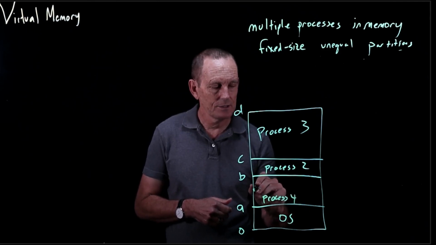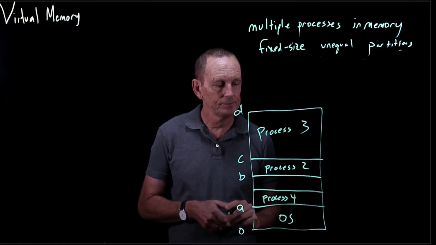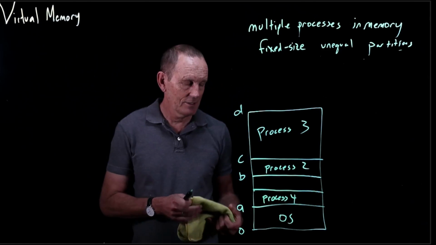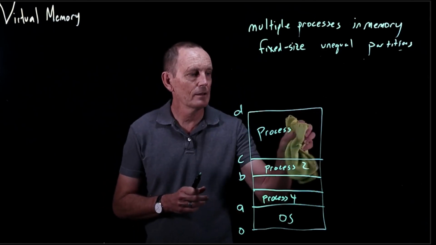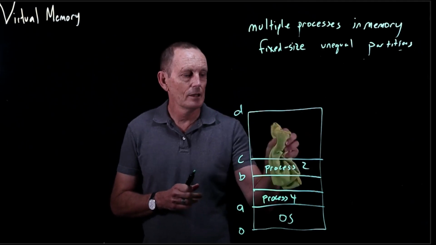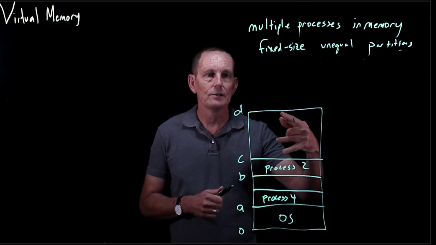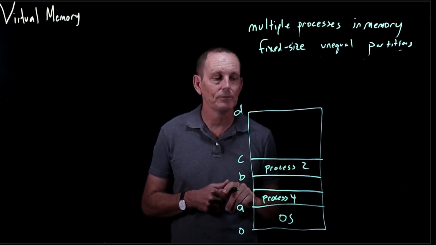So it runs here. All right. And now let's say process 3 finishes. So we've got 2 areas of free memory here. Note that they're not contiguous though, and that's going to lead to a problem.